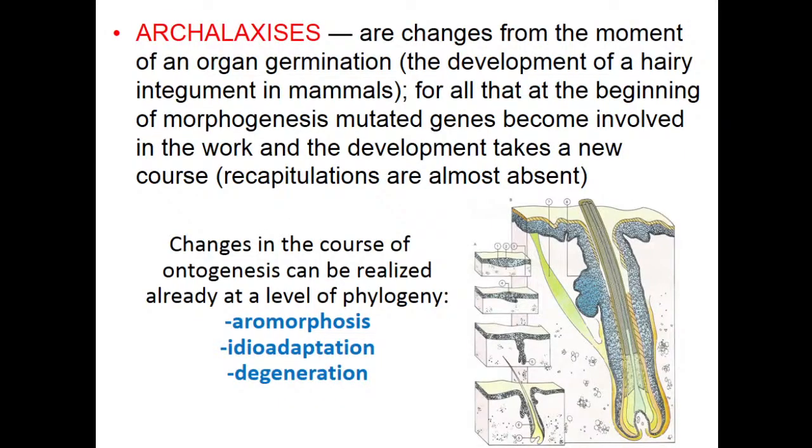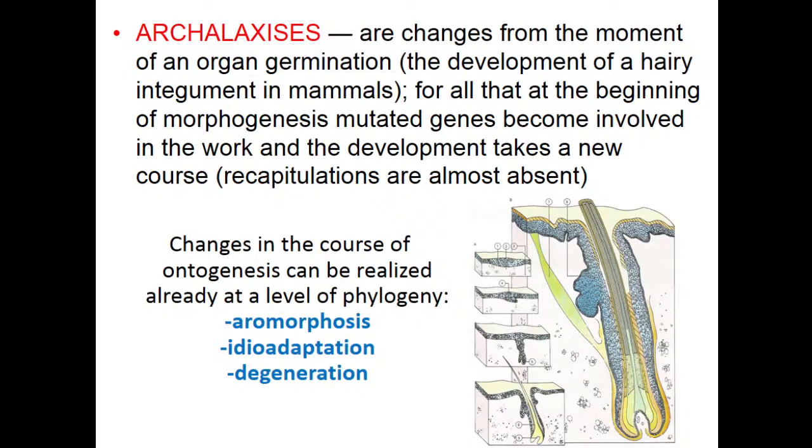Next we will speak about archallaxis. These are changes from the moment of an organ's germination, for example the development of a hairy integument in mammals. Here, at the beginning of morphogenesis, mutated genes become involved in the work, and the development takes a new course.